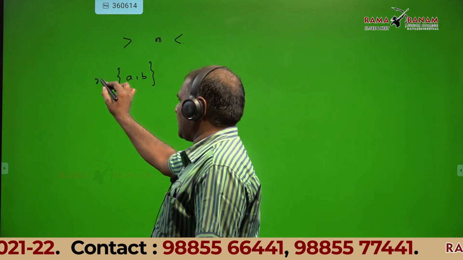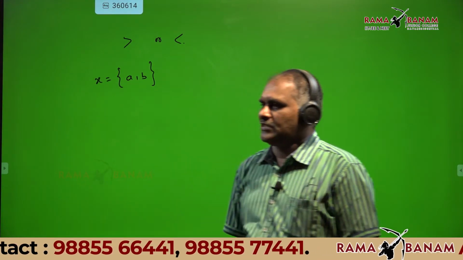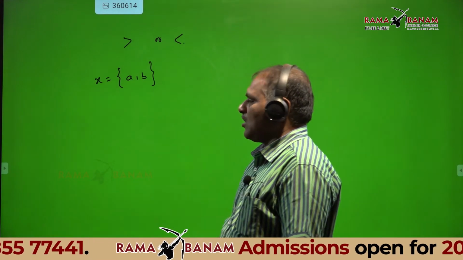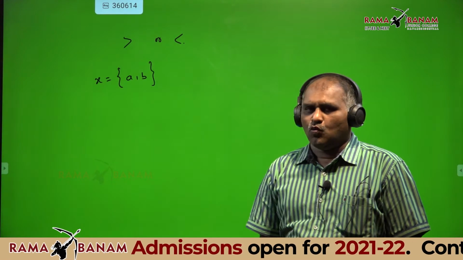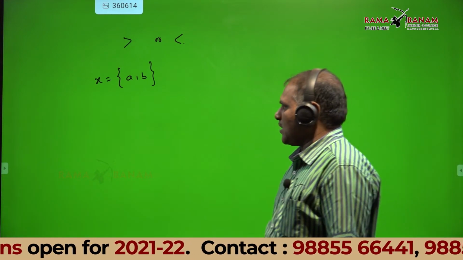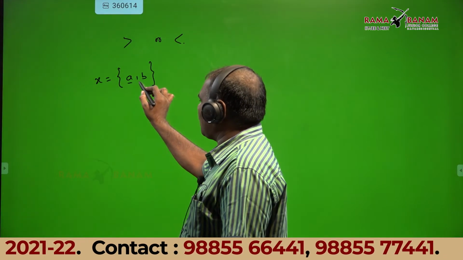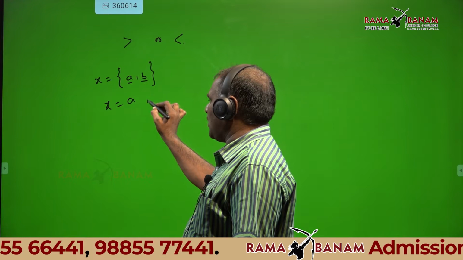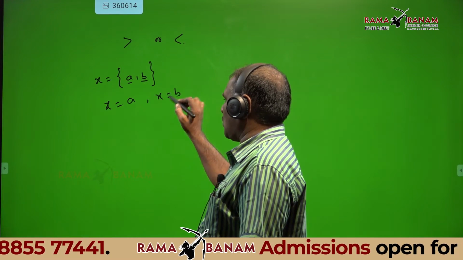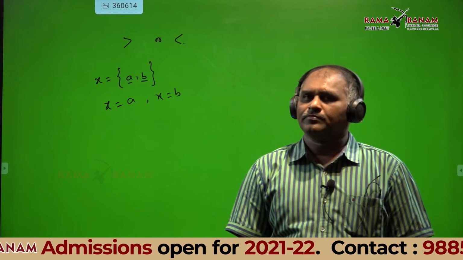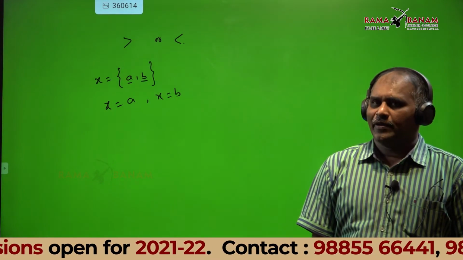Here x is equal to curly brackets of A comma B. These brackets mean only these values happen, that means x is equal to A, x is equal to B. Any doubt about this point?